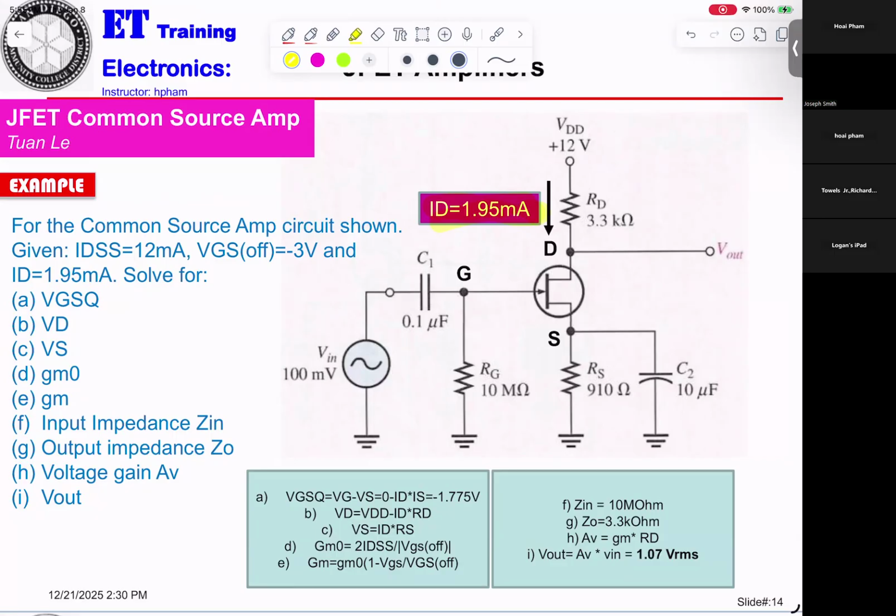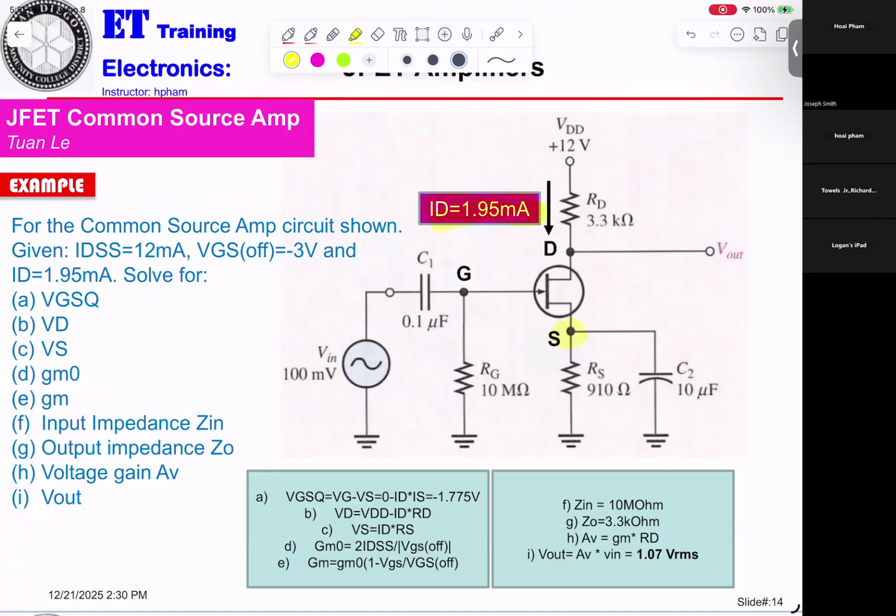So you can calculate the VS easily. VS is ID times RS. IS will be the same as ID for a JFET.